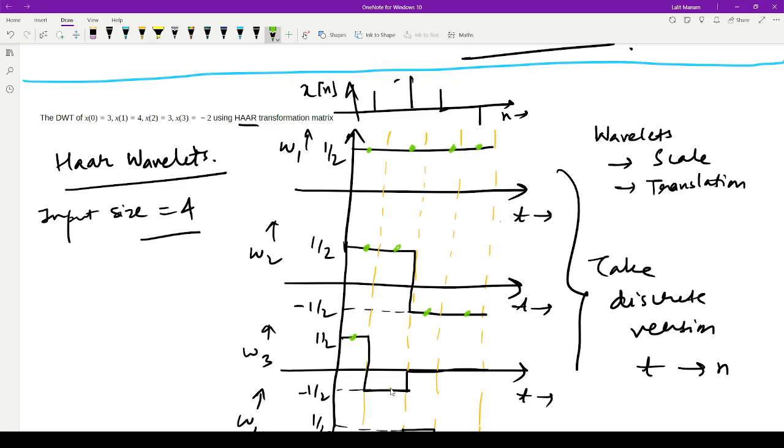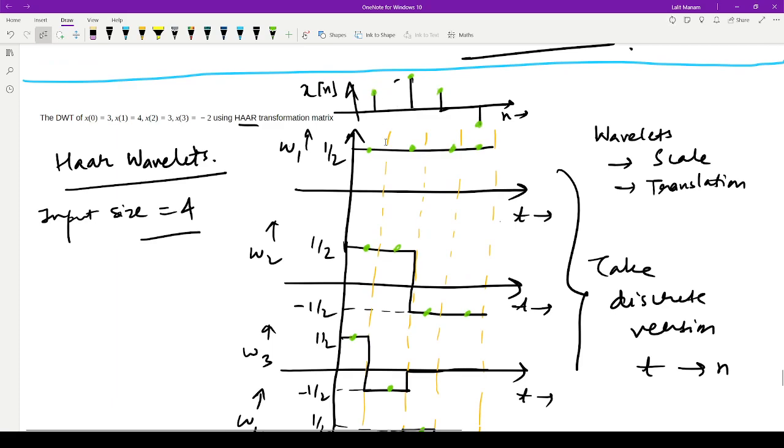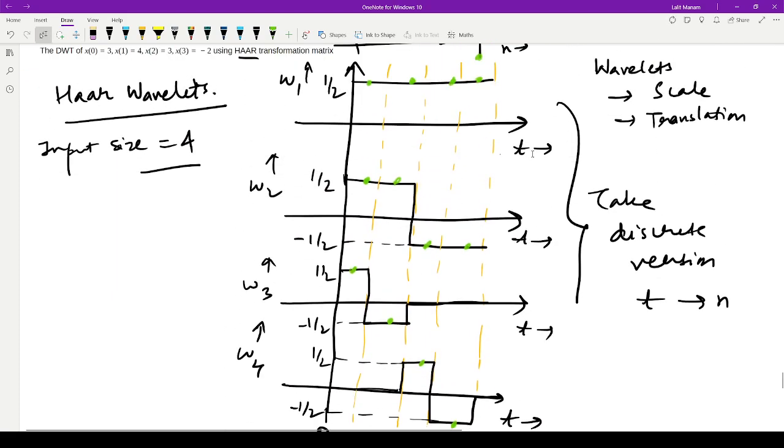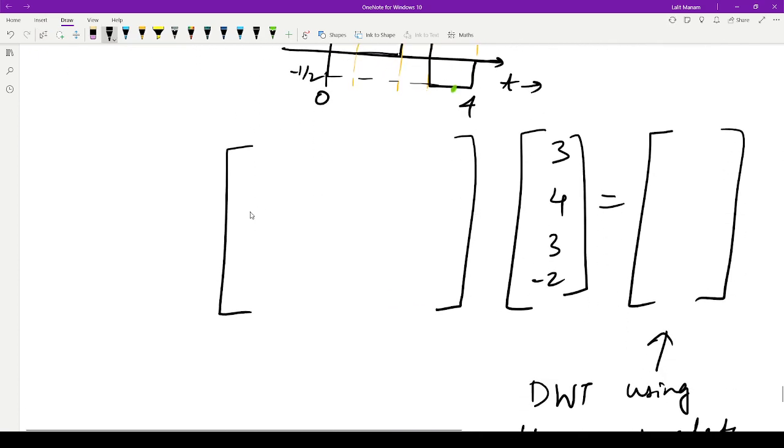Okay, given this, how will you now write the transformation matrix? So what does the wavelet transform do? You multiply the corresponding elements, right? That's all it does. So when you multiply the corresponding elements, it is 3, 4, 3, minus 2, multiplied with half everywhere.